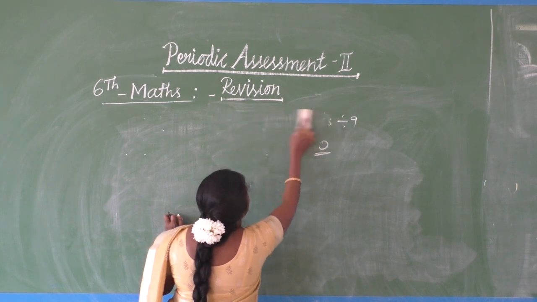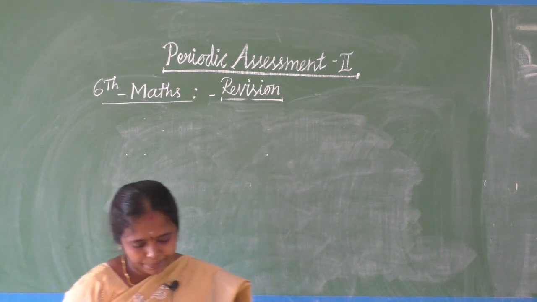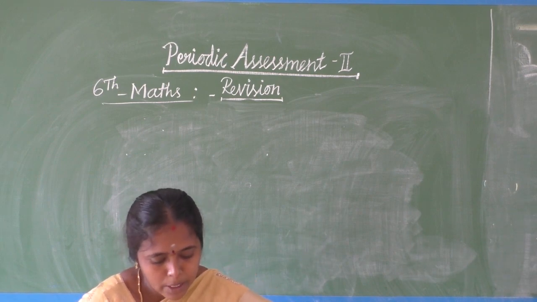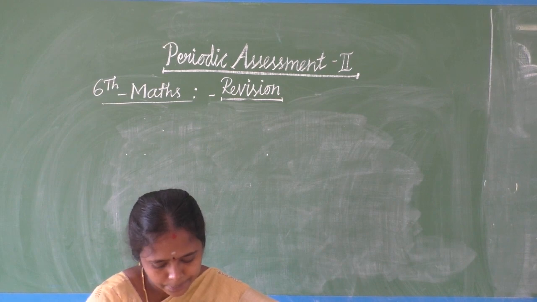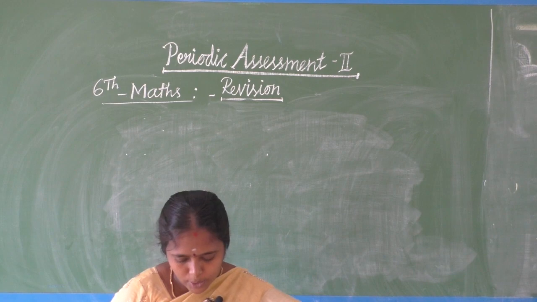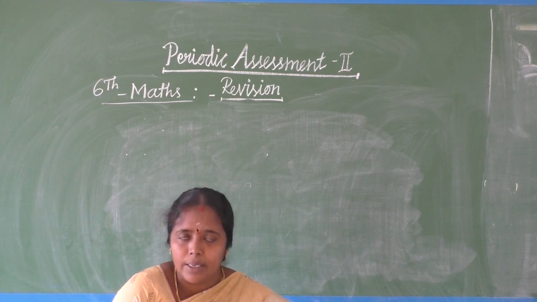After that, what we have seen in chapter 3 is some more divisibility rules also. What is it? If a number is divisible by another number, then it is divisible by each of the factors of that number.